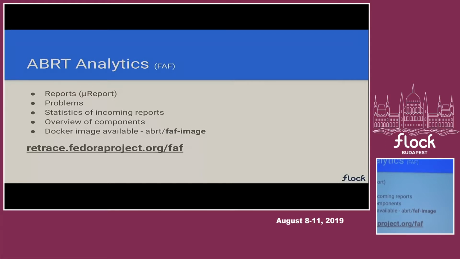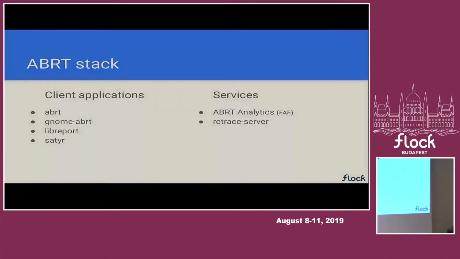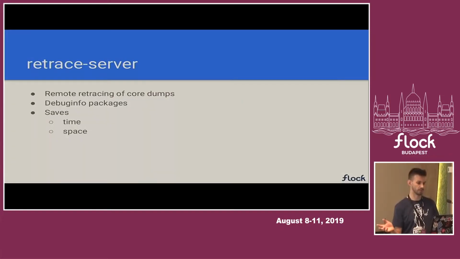And let's continue. Then we have the retrace server. The retrace server provides the remote retracing of core dumps. Usually when something crashes and it creates a core dump, the core dump contains just pointers to memory, and it's not really human readable. If you want to make it human readable, you have to download a lot of debug packages, and not just for your application, but also the dependencies.